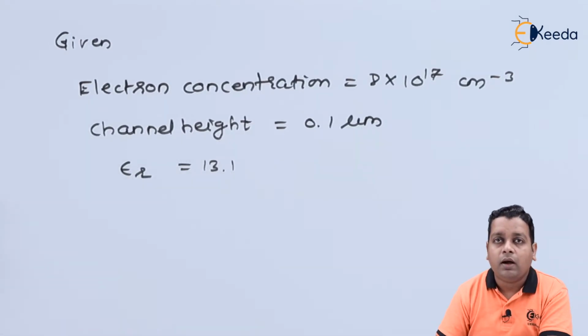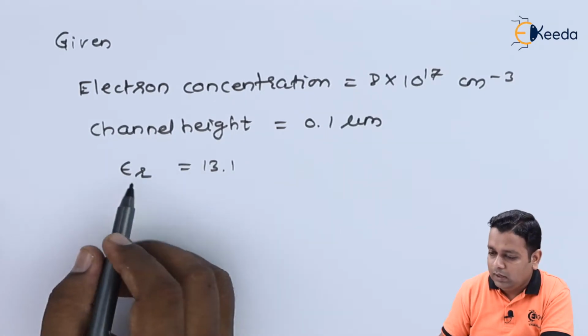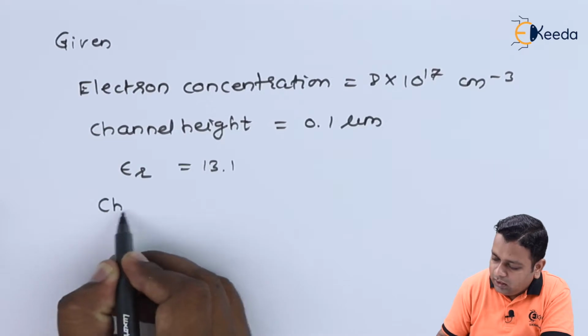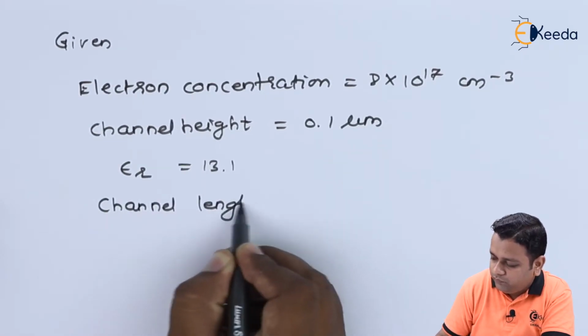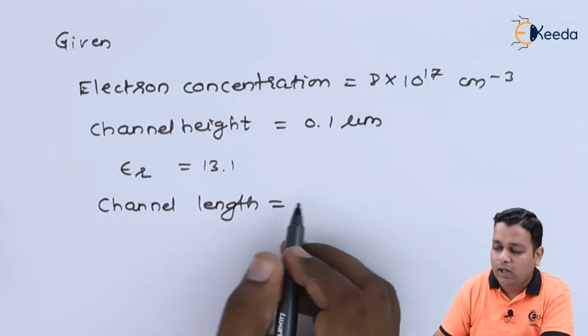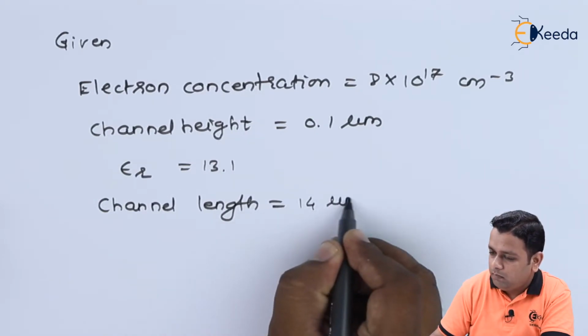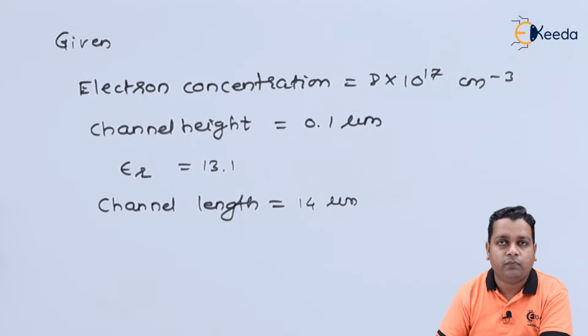Another dimension of the given device is L, the length of the channel. I mention channel length with the given value 14 micrometers here.